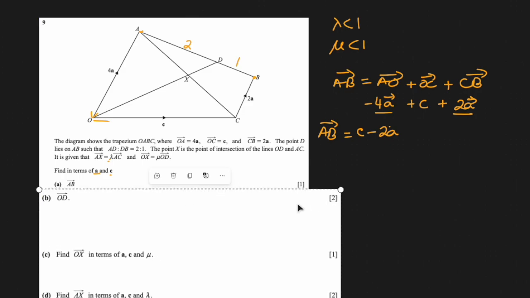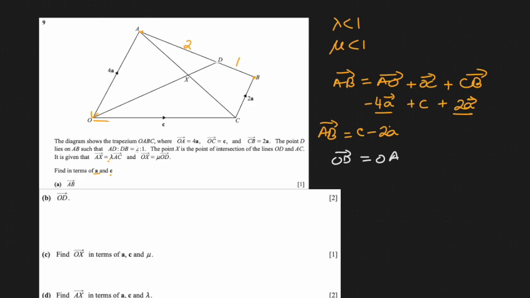Alright, there is a part B also which says OD is also to be found in terms of A and C. OD. So I'll start with O, I'll reach D. So O is here, I need to reach D here. So what will I do? I'll go to A first, and since I know AB now, I go to AD, which is, they've given here, AD is 2/3.